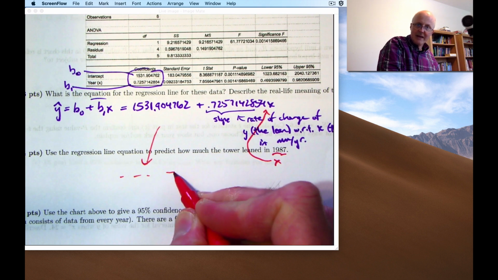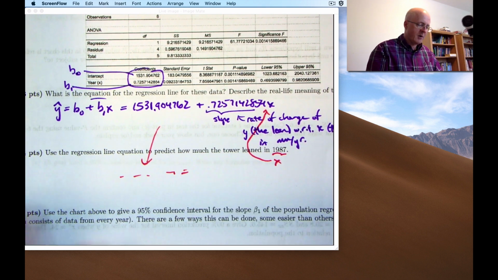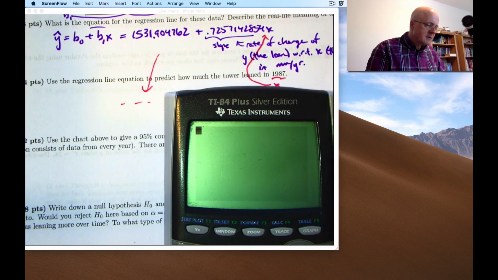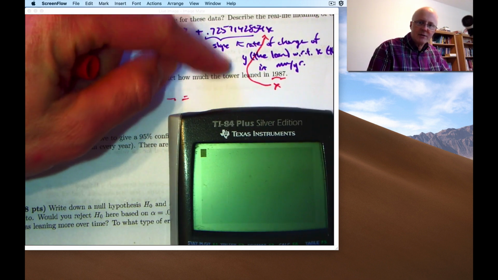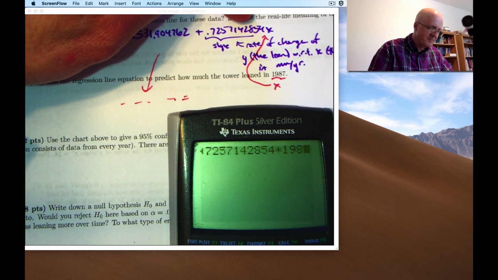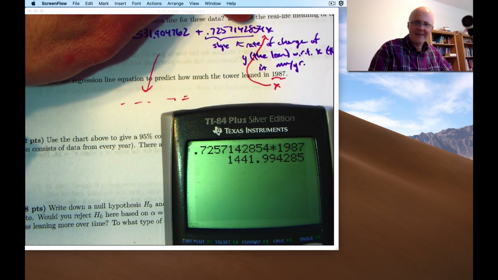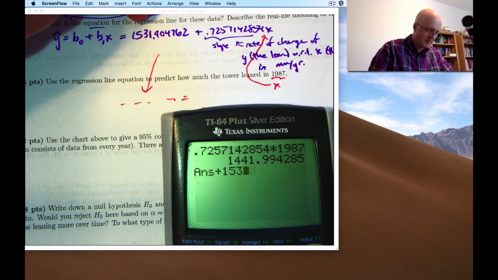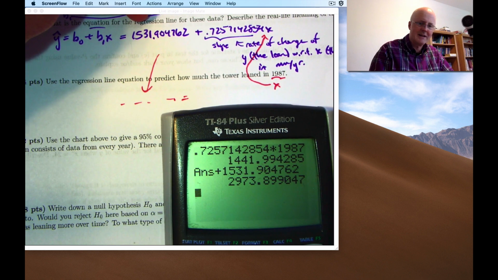I won't bother doing that. I'll just show you my calculator work. So I've got 1987, I'll do this part first, times 0.7257142854. That gets multiplied by 1987. And then add on this number plus 1531.904762, and definitely round at this point.